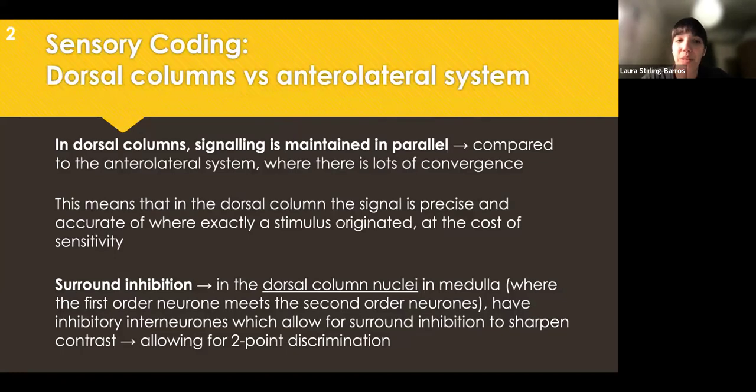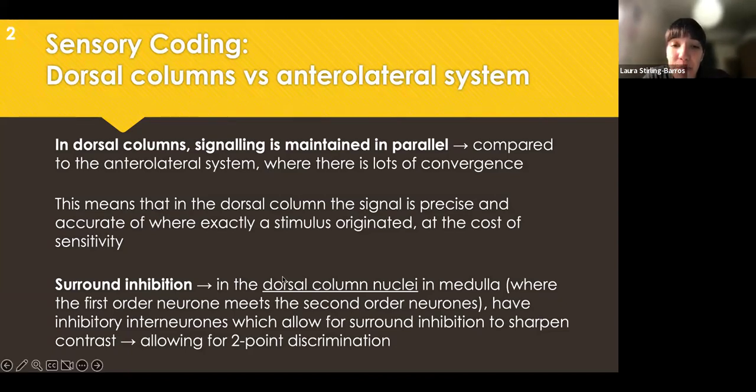So initially, yes, this information from the dorsal columns is maintained all in parallel, compared to the anterolateral system with pain and temperature, where there's lots of convergence of the signals. So to reiterate, in the dorsal column the signaling will be precise and accurate for this reason, but at the cost of sensitivity, so it'll be less sensitive.